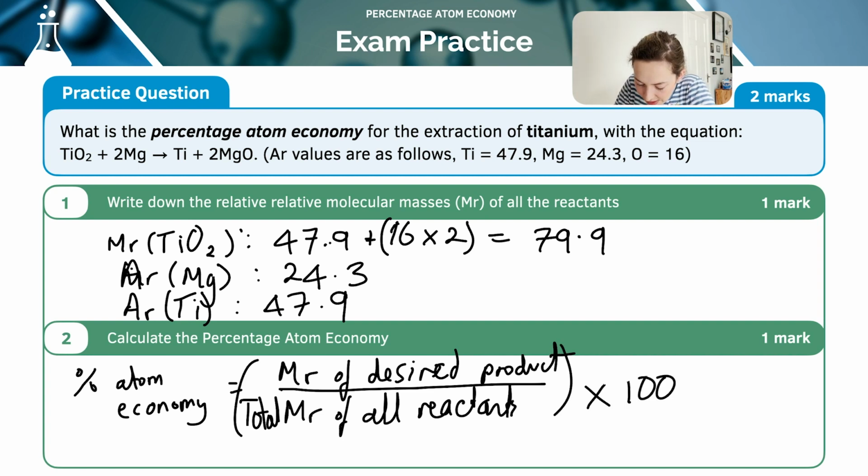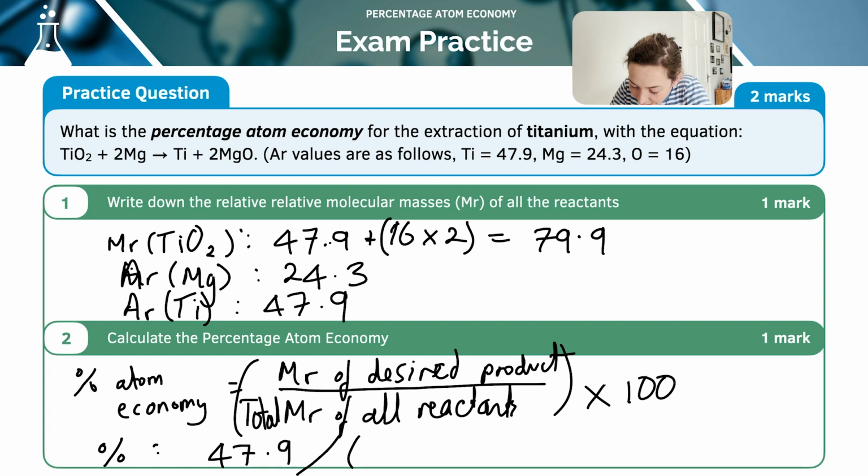So my percentage atom economy is going to be my Mr of my desired product. I want the percentage atom economy for titanium, so that's just going to be 47.9, because that's my desired product, divided by the total Mr of all reactants.